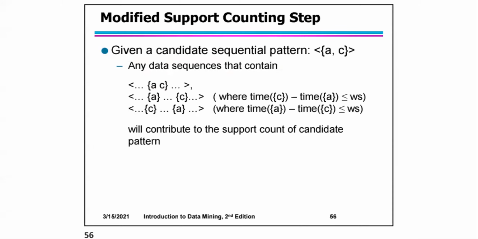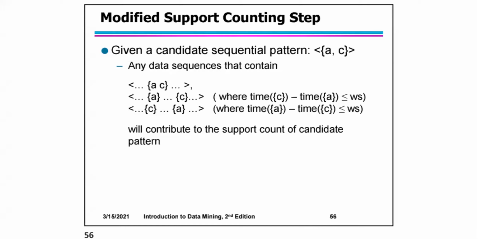First is COBJ, one occurrence per object. CWin, one occurrence per sliding window. C min win, the number of minimal window occurrences.